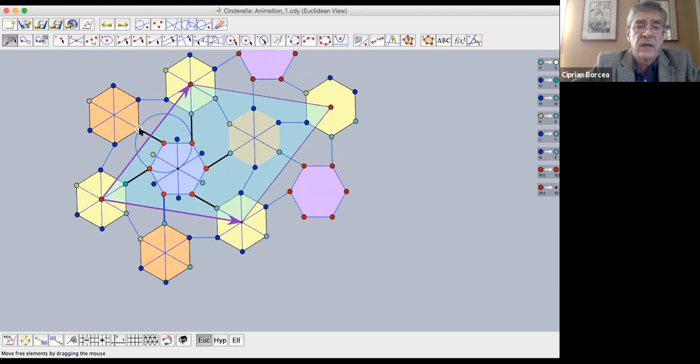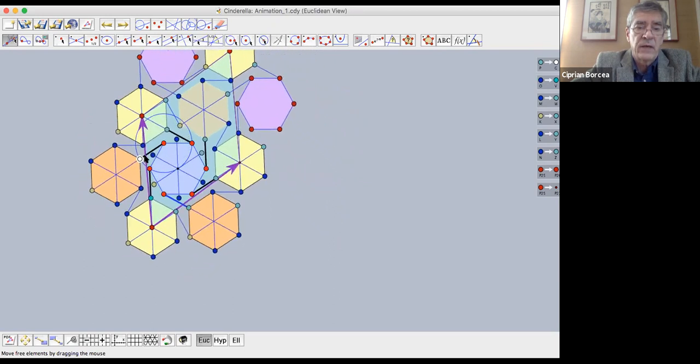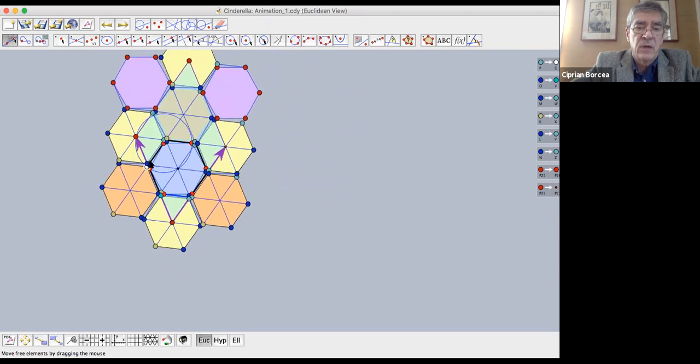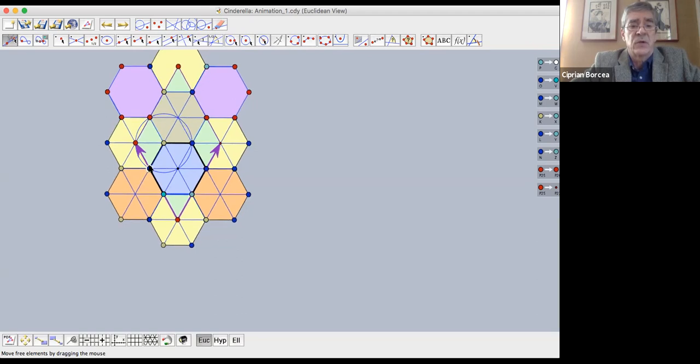You see now that from the full deployment, I'm folding back, and when I bring the moving arm to align with now this edge of the hexagon, I have retrieved a tiling. But remember, we started here, we went this much, and now we see that mathematically there's no obstruction to continuing.